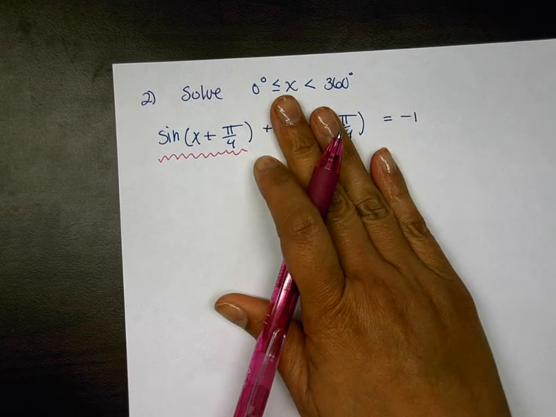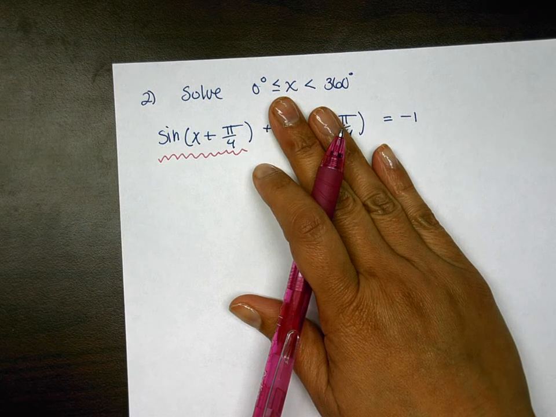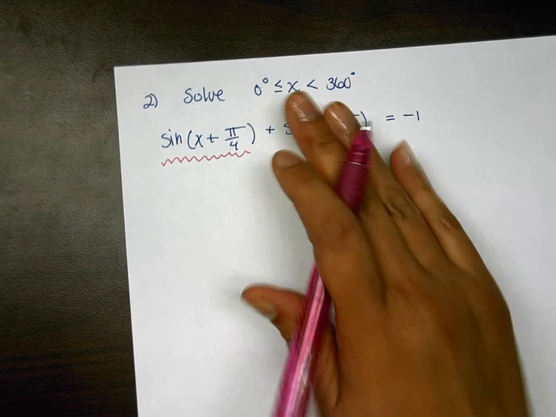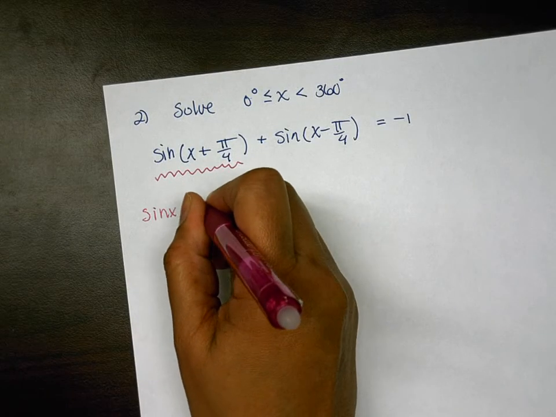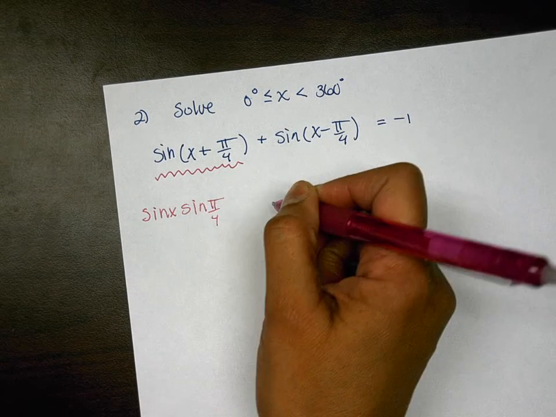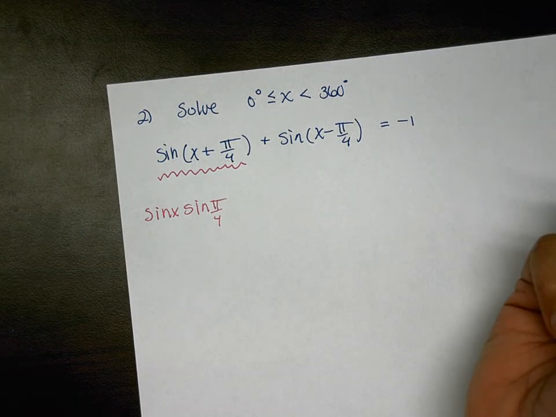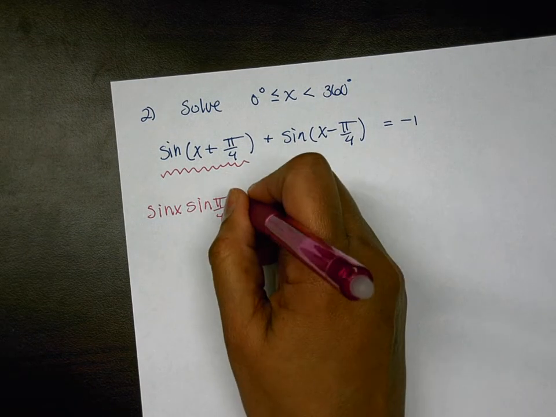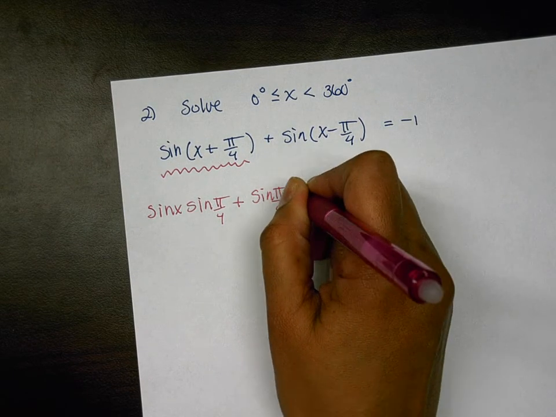Take sine of a plus b and expand it. Is sine friendly or snobby? Friendly. So you're going to have sine of x hanging out with sine of pi over 4. And same sign or opposite sign? Same. Plus sine of pi over 4 hanging out with cosine of x.